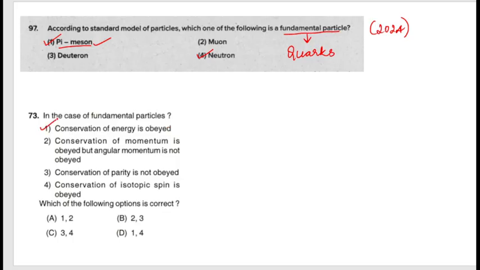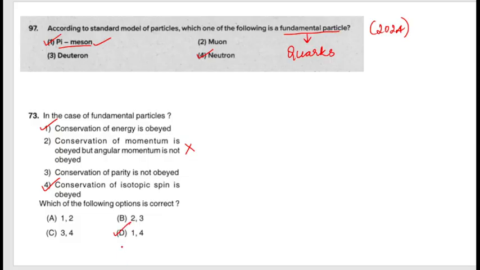This is the correct option. Conservation of momentum as well as angular momentum, both are obeyed, so this will be the wrong option. Conservation of parity is not obeyed, but they have given that it is obeyed. And the conservation of isotopic spin is obeyed, so this is the correct option. It is a combination of 1 and 4. Option D is right.